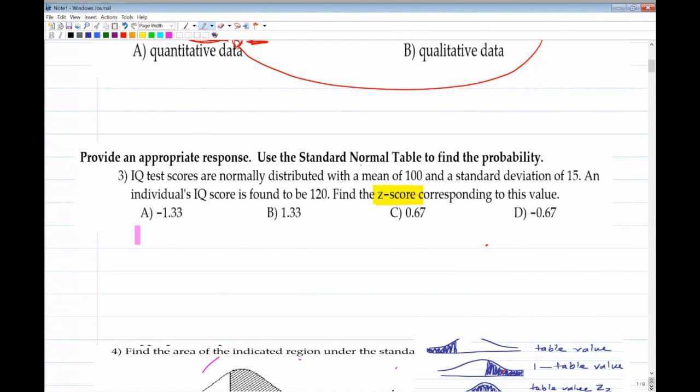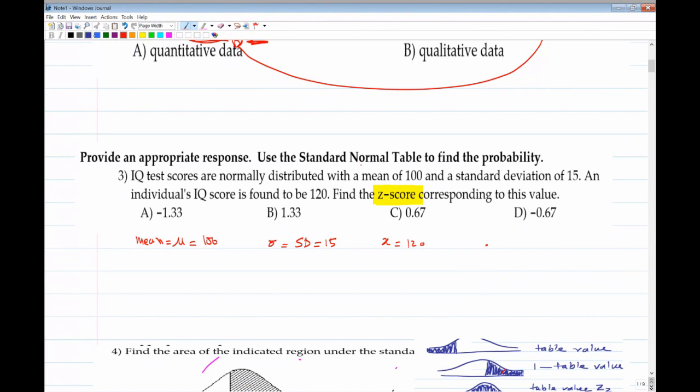It says the IQ test has a mean, which is the letter mu, equal to 100. We have a standard deviation equal to 15, and then an individual IQ score is found, so X will be 120.